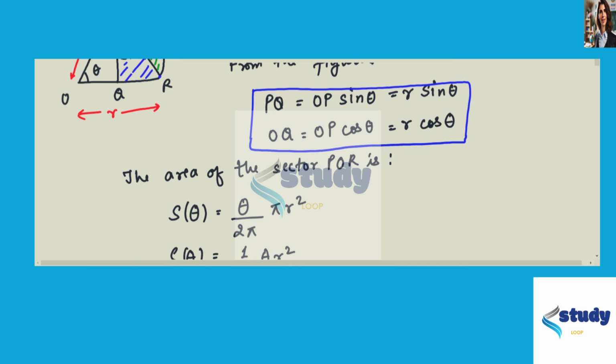We know the area of the circle is pi r square, but for theta, this is a sector.